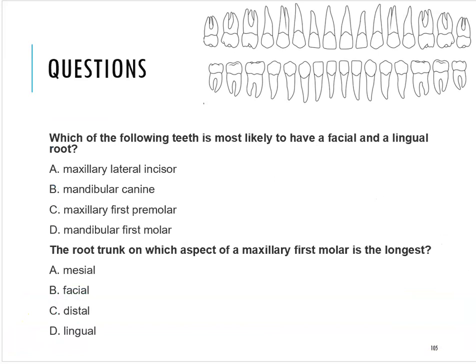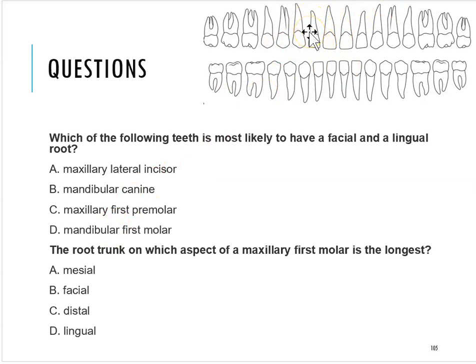So let's look at a question you could possibly get. Which of the following teeth is most likely to have a facial and lingual root? Maxillary lateral incisor, mandibular canine, maxillary first premolar, or mandibular first molar. Maxillary lateral incisor only has 1 root.